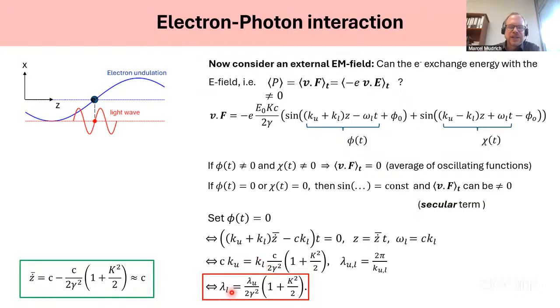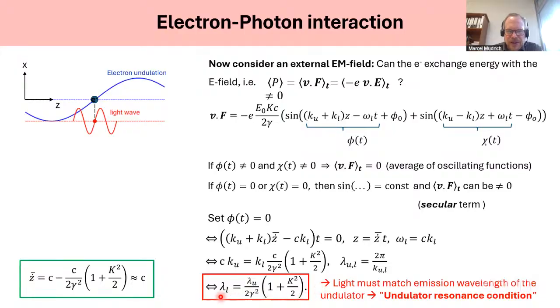So what we find is that the wavelength of the light, in order for the light to actually couple to the undulating electron beam and either absorb energy or transfer energy, only works if the wavelength of the light exactly matches the undulator equation. So it exactly matches the wavelength of the undulator radiation that is emitted by the electrons.